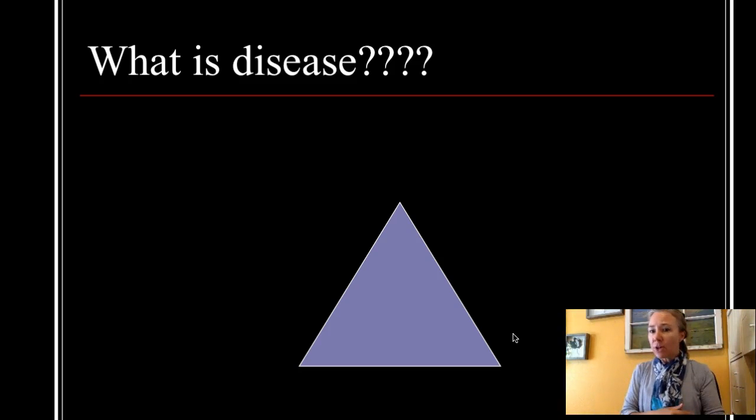Or how can you manage the environment within your fields or your nursery or your greenhouse or your turf, so that even though you have a susceptible host and you have that pathogen present, the disease doesn't take hold because the environmental conditions are not favorable for its spread. So the disease triangle is an important part of understanding pathology, and it's very important when we're trying to prevent and control diseases in our crops.